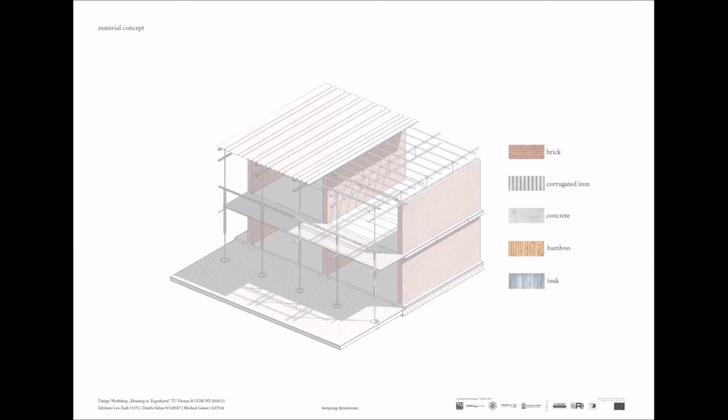We have to consider the function because usually in houses in the kampung, people always use all the space, also the public space sometimes becomes a private space, and vice versa. The private space also becomes public.